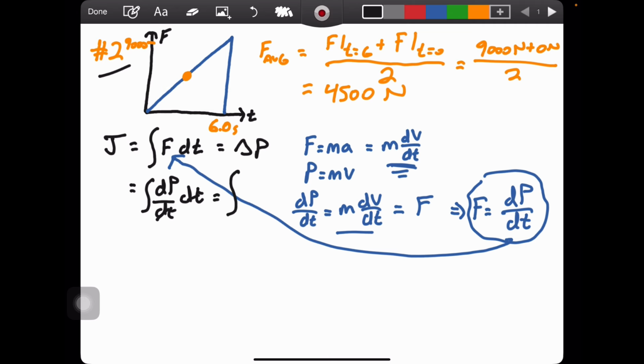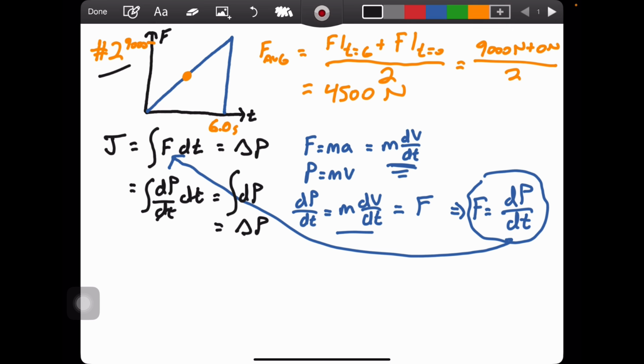That just gives me the integral of dp, and that's just going to give me some change in momentum. That's where it comes from. The key here is realizing that force can be rewritten as the time rate of change of momentum. And so if impulse is defined as the force integrated over some time, then I can rewrite it as equal to the change in momentum.